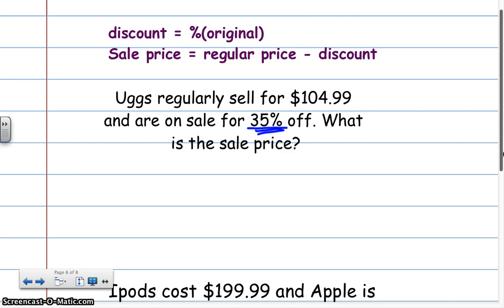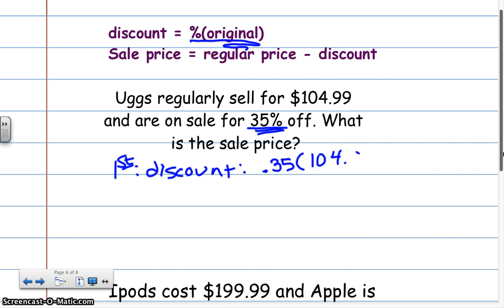What's the sale price? So the first thing I do, just like markup, is determine my discount. How much off am I going to get? Our discount is equal to our sale percentage, so 0.35 times my original cost. So it looks like 0.35 times 104.99 is $36.75.